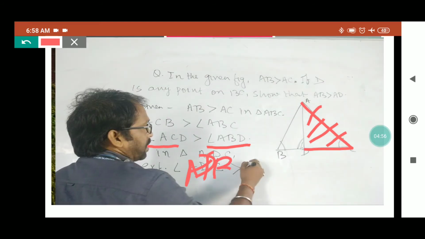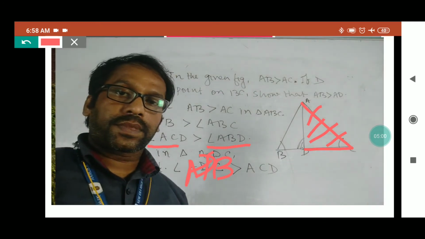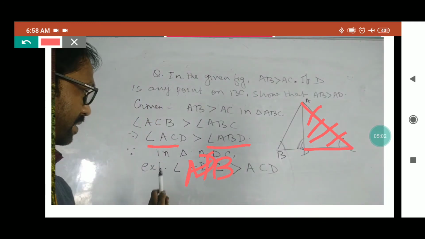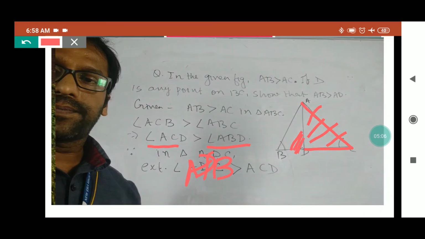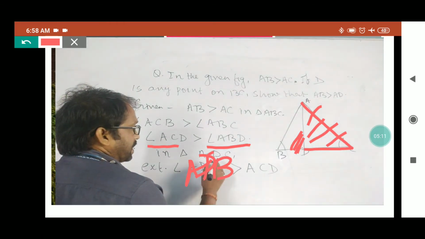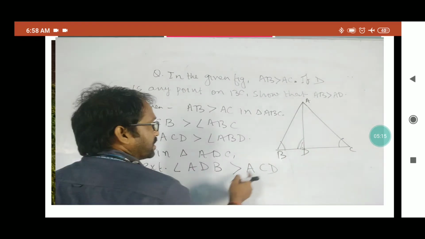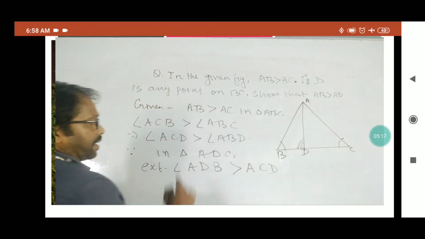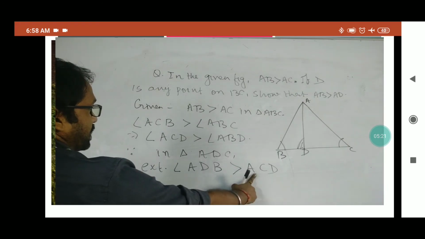So angle ADB is greater than angle ACD, since an exterior angle is obviously greater than the individual interior opposite angle. Correct? Now, what is the use of this? The use you will see right now.